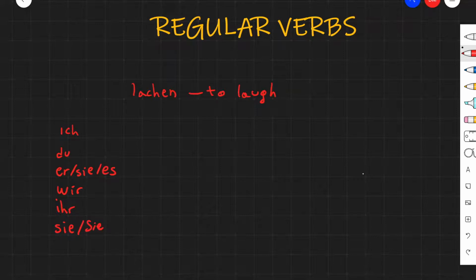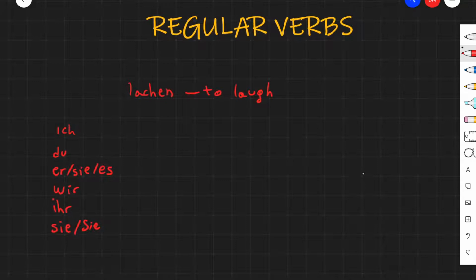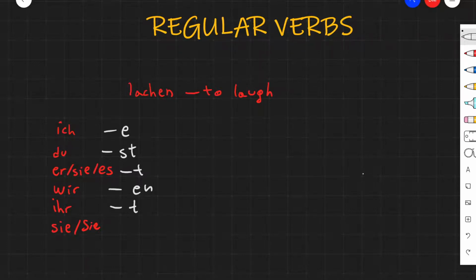So we got the personal pronouns down, and the rule for the conjugation of regular verbs was the following: that ich ended with e, du with st, er sie es with t, wir with en, ihr once again t, sie en. You probably see that these two are the same. That could be a way to memorize it by heart for you. So, okay, we wrote down the endings.